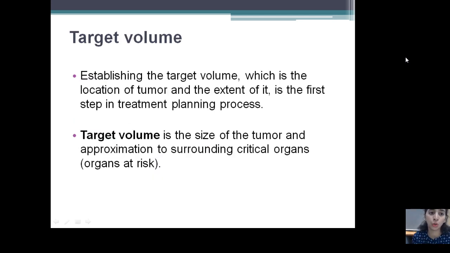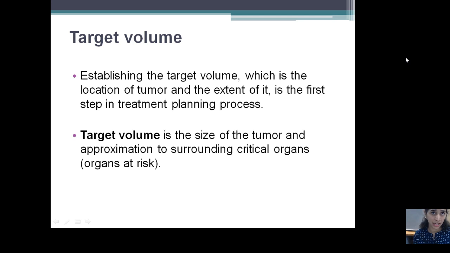Then the target volume is defined. Establishing the target volume, which is localization of the tumor and extent of it, is the first step in the treatment planning process. The target volume is the size of the tumor and approximation to the surrounding critical organs at risk. In a tumor, we have the target organ, for example a breast.